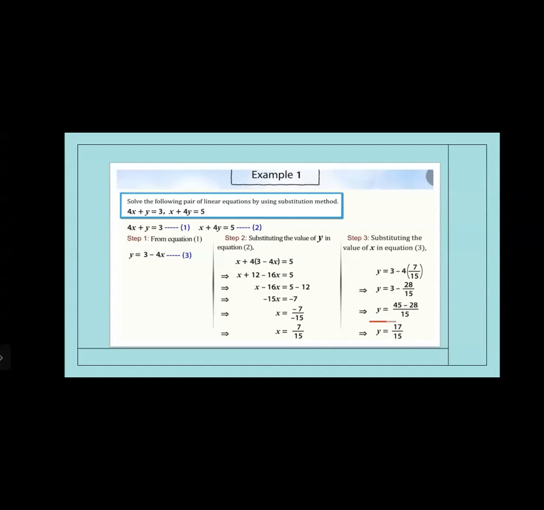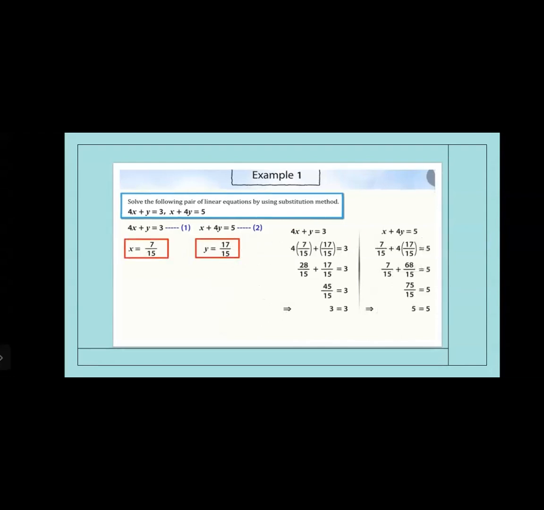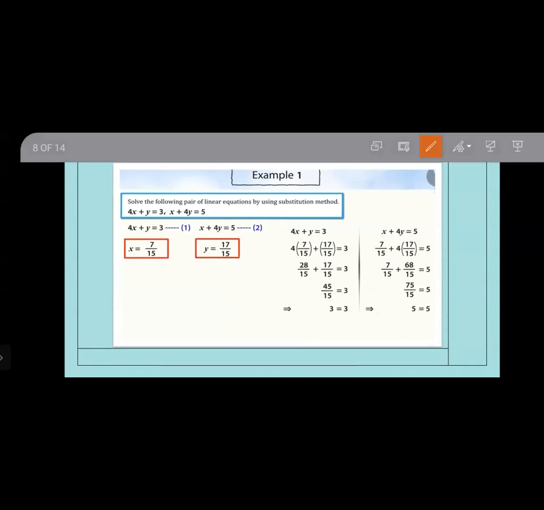If they don't satisfy, that means your answer is wrong. So how are you going to check it? See here. x is equal to 7 upon 15, that is the value for x. y equals 17 upon 15. So this value of x and y, you can substitute in any of the equations and check whether you are getting the same or not.